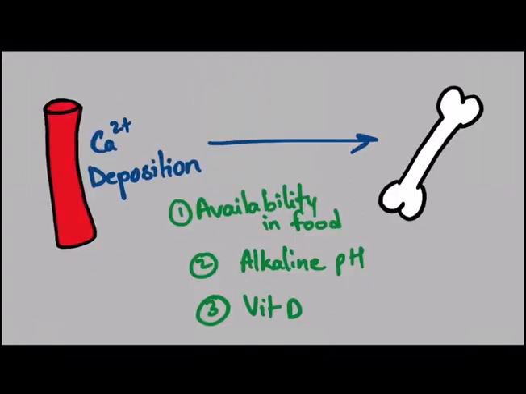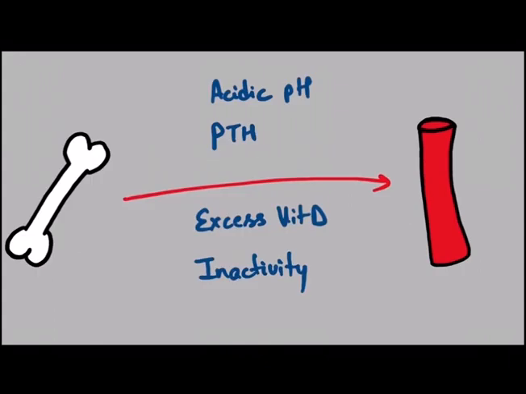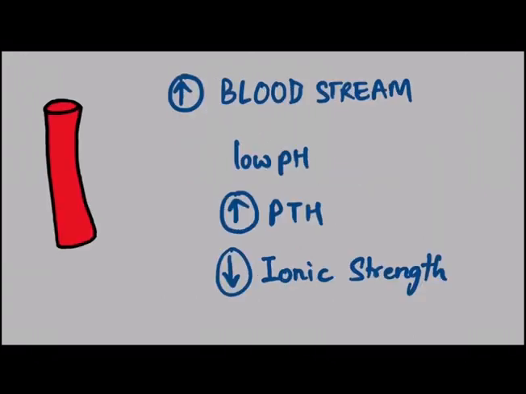The deposition of calcium inside the bone is increased by its availability in the food, alkaline pH of the blood, and vitamin D. However, acidic pH, parathyroid hormone, excess of vitamin D, and inactivity of a person are responsible for resorption of calcium from the bone and its increased amounts in the bloodstream.